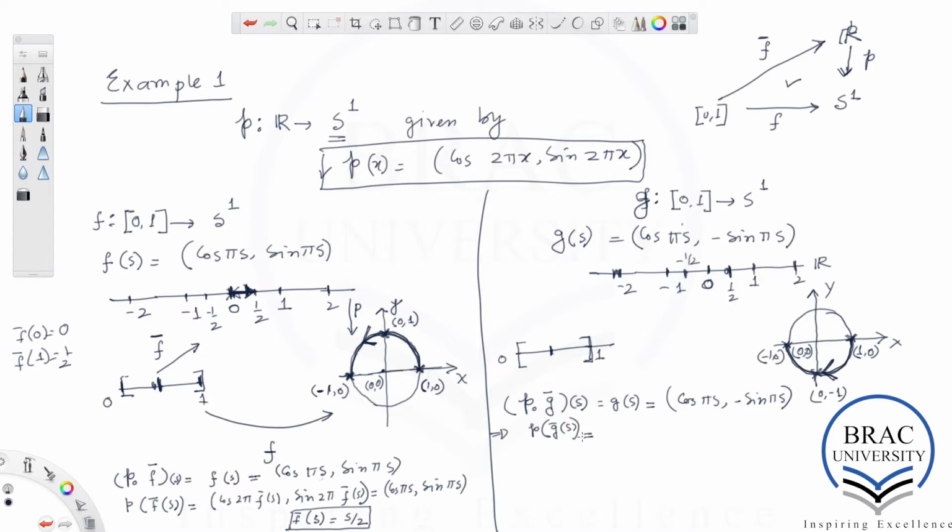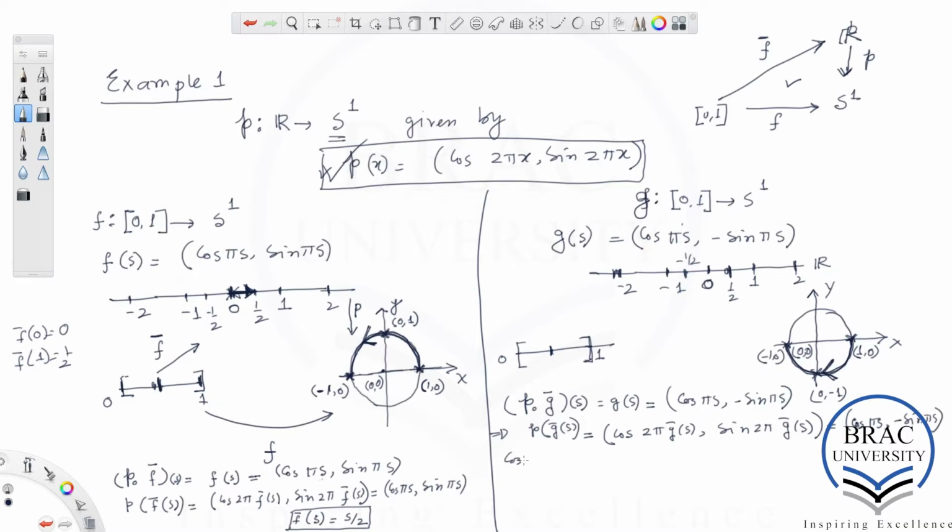So this is going to be equal to cosine 2 pi g bar of s and sine 2 pi g bar of s from this expression. And we want it to be equal to cosine pi s, minus sine pi s.